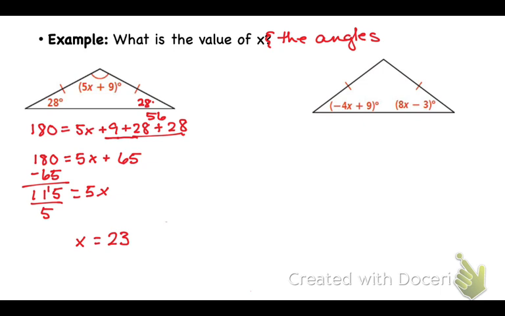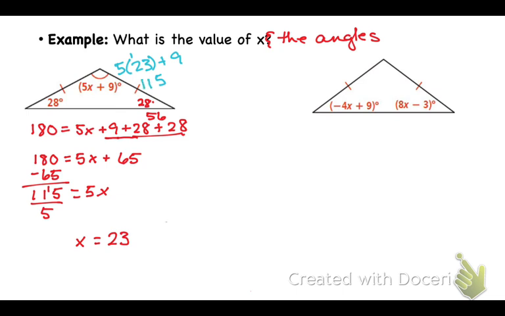It's just part of one. So I know the two angles are 28. How am I going to find this third one then? 5 times 23 plus 9. I'm going to take 5 times x, which is 23, plus 9. So 5 times 3 is 15. Carry a 1 is 115.